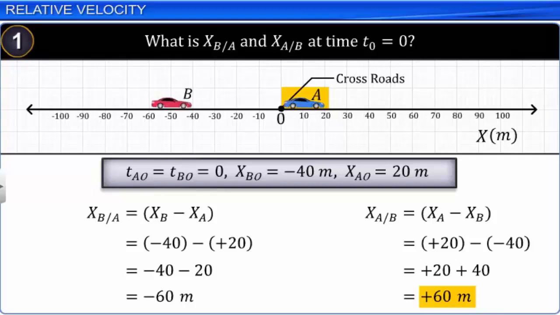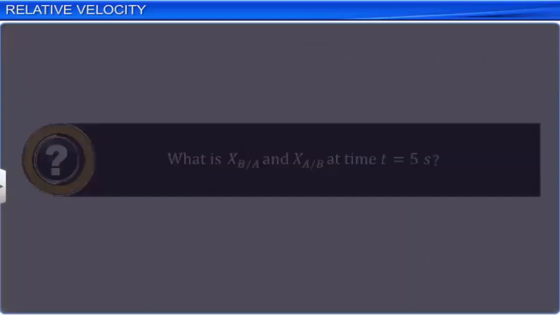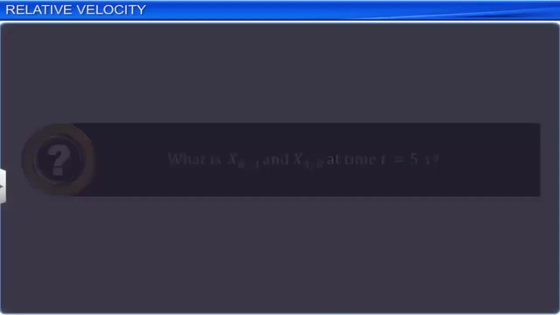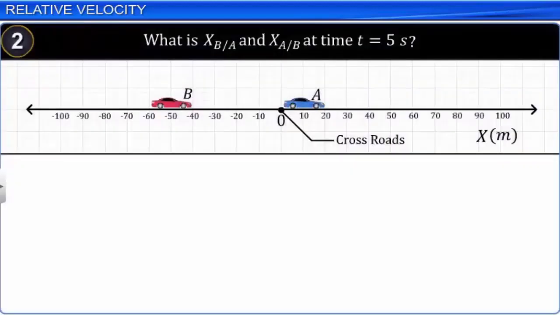2. What is xB/A and xA/B at time t equal to 5 seconds? Here, vA is equal to 10 meters per second. xAO is equal to plus 20 meters. tAO is 0 second and tA is equal to 5 seconds.